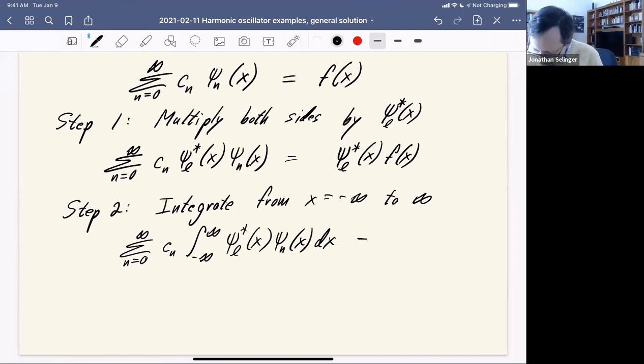That is equal to integral from minus infinity to infinity of psi L star of x f of x dx.